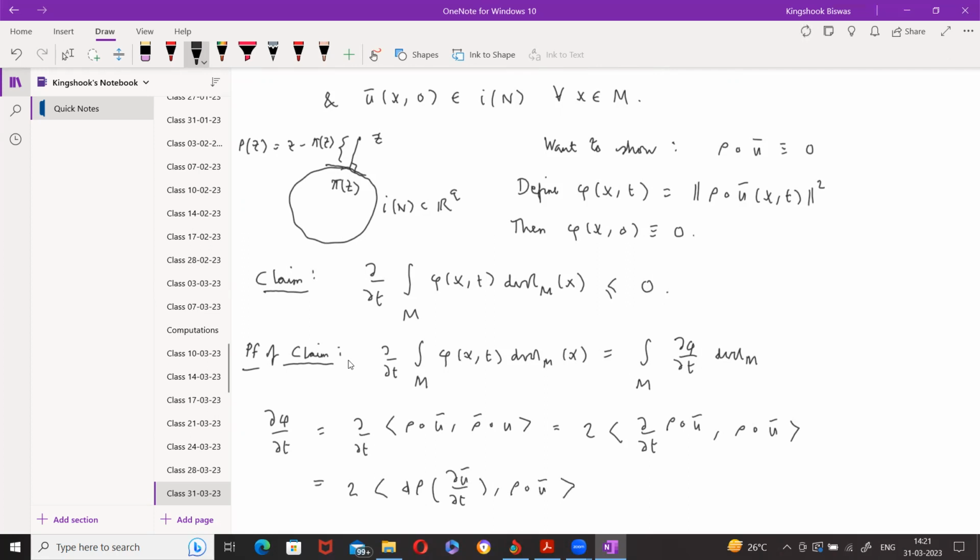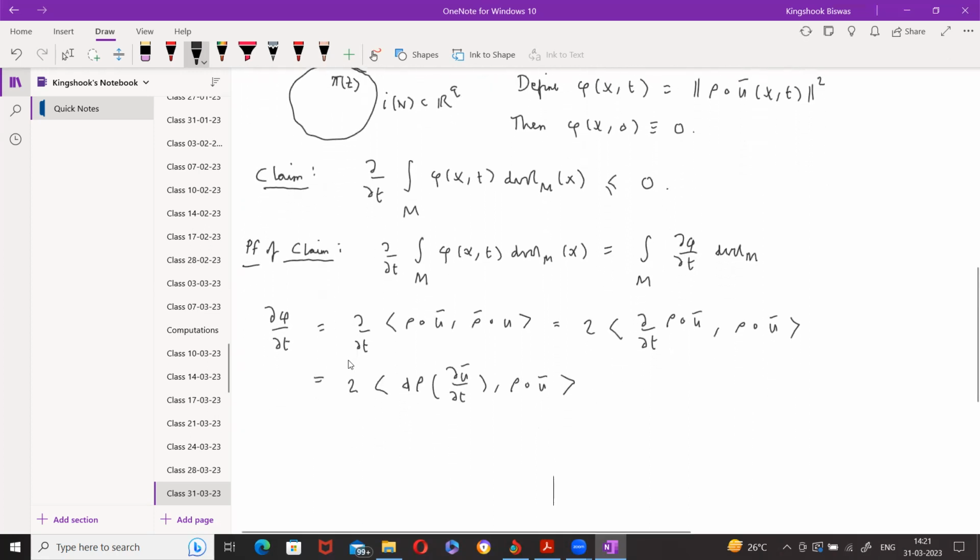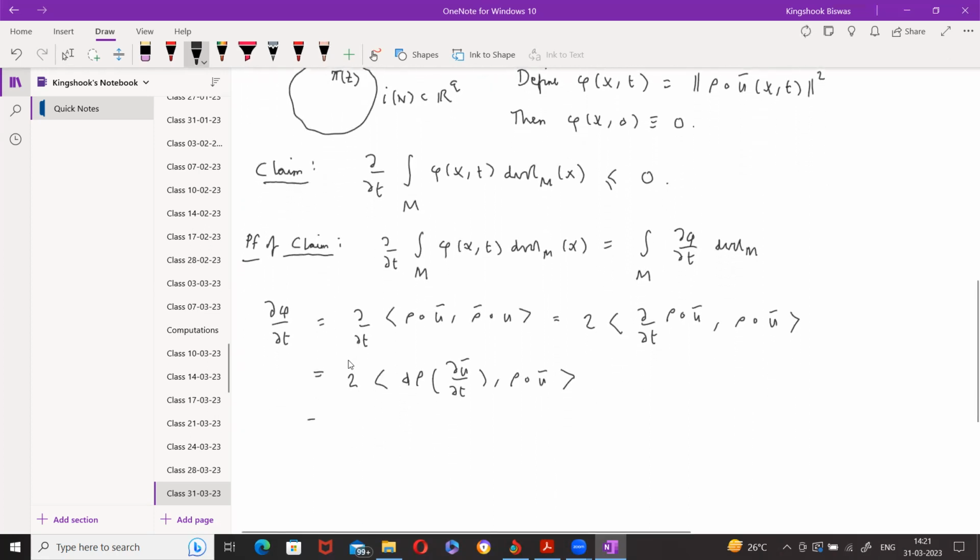And now we can use the fact that u bar is a solution of the given PDE. So del u bar del t, I can write as Laplacian u bar minus trace of nabla d pi composed with du bar.